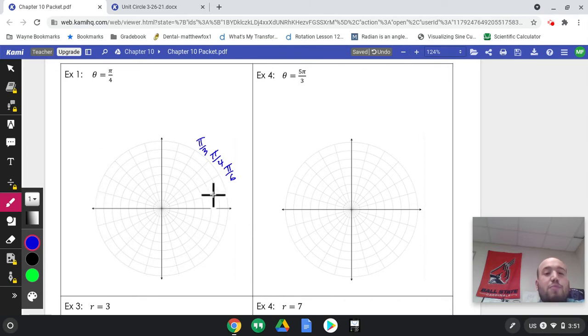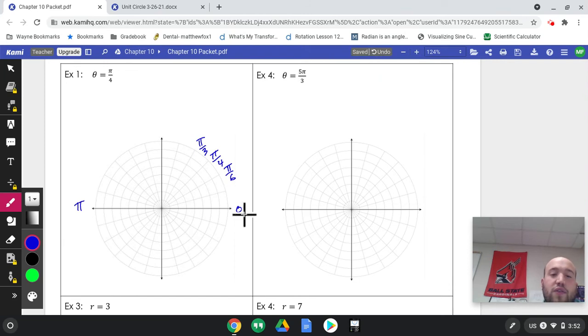1/2 of the circle is pi. So if we count these, 1, 2, 3, 4, 5, 6, 7, 8, 9, 10, 11, 12. There'd be 12 intervals evenly that would get us to pi over here. So what that tells us is that this first one would be pi over 12.